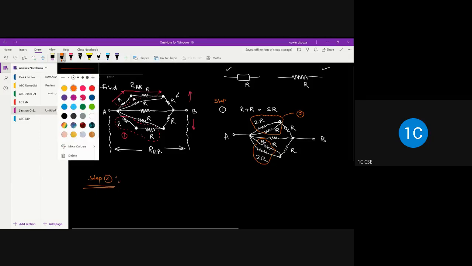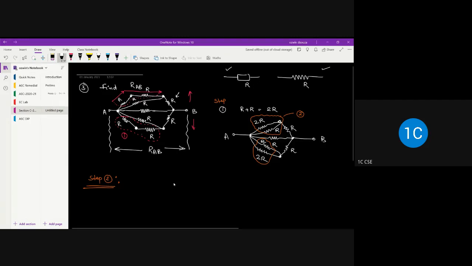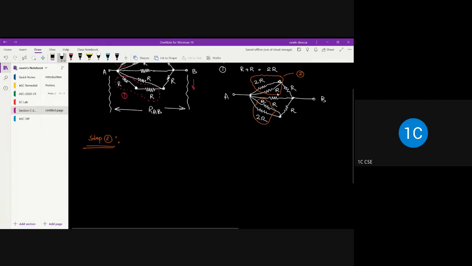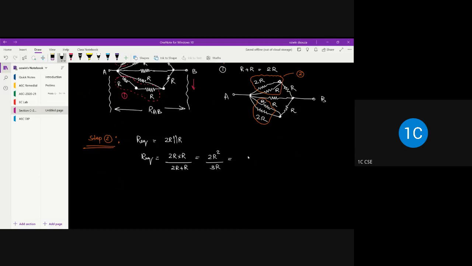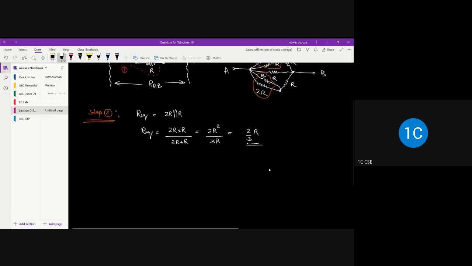In step 2, you are observing resistance 2R connected in parallel with R. So R equivalent becomes 2R into R divided by 2R plus R, that is 2R squared divided by 3R, or basically 2 by 3 into R.